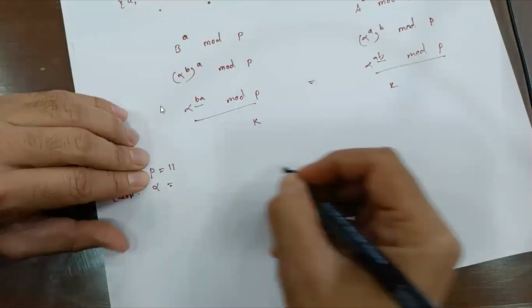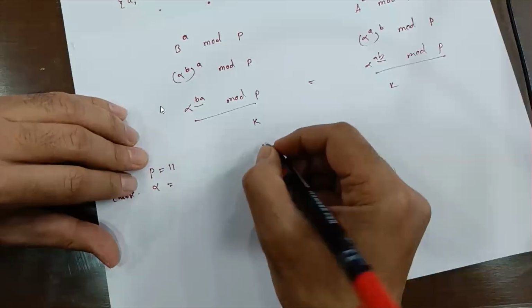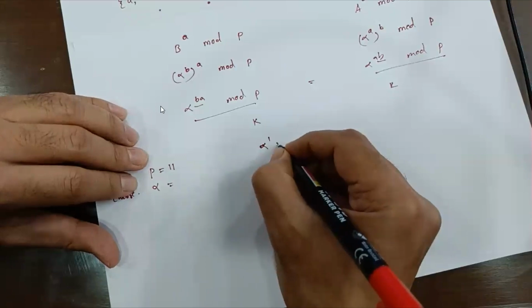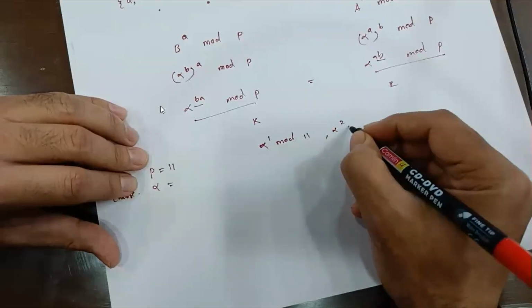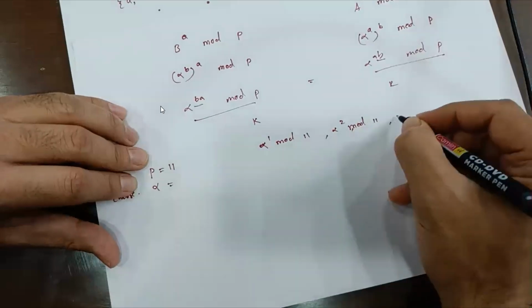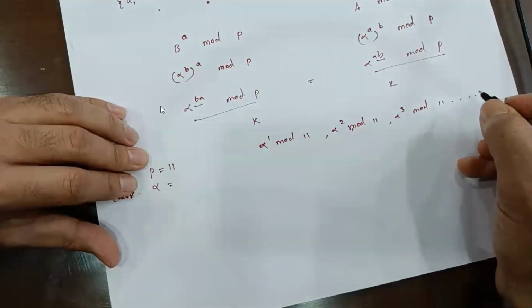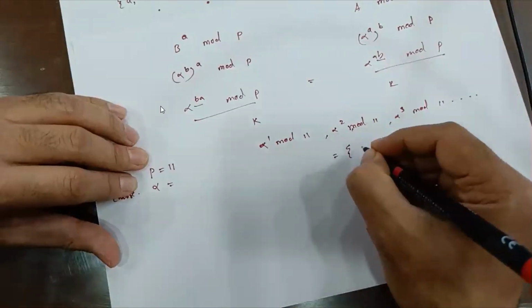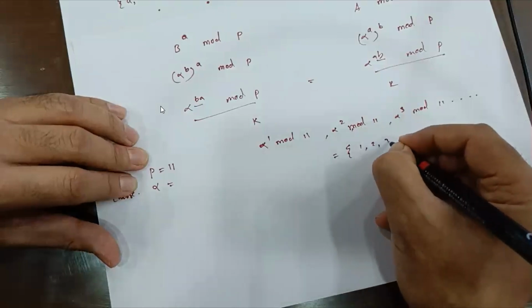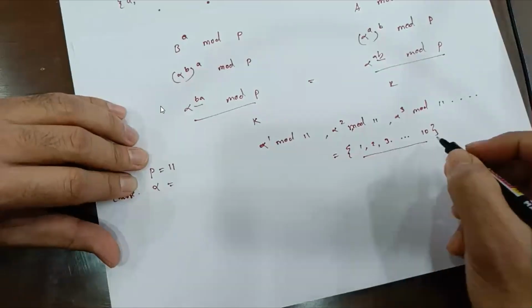So what could it be? Alpha raised to 1 mod 11, alpha raised to 2 mod 11, alpha raised to 3 mod 11, and so on till alpha raised to 10 mod 11. Okay, all these should have the values 1 to 10, and they should have unique values that we have seen.